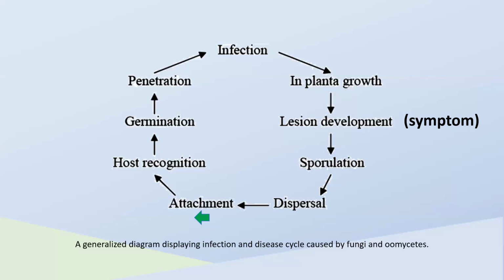It's called dispersal, and it can be moved by water, air, and also soil. So if we can monitor the inoculum in the water, air, and soil, we can monitor it before it attaches to the plant and makes a symptom. So that is the idea.